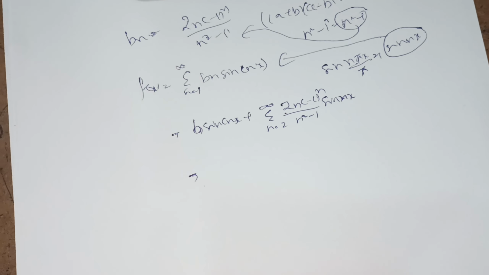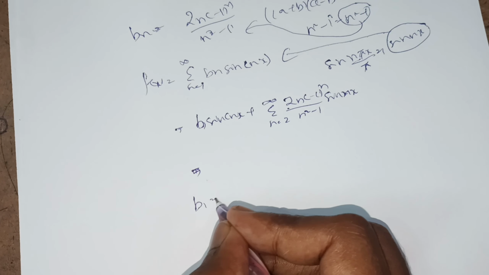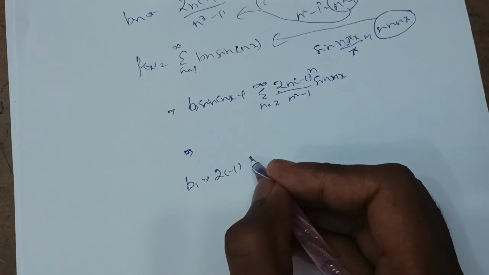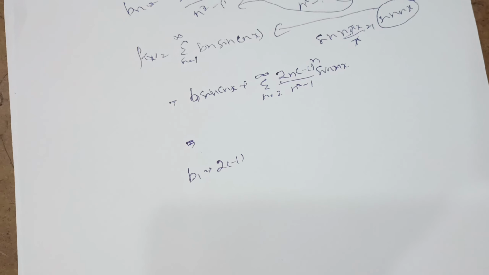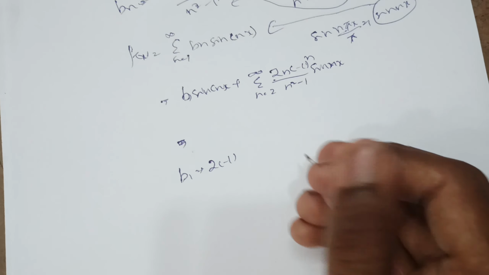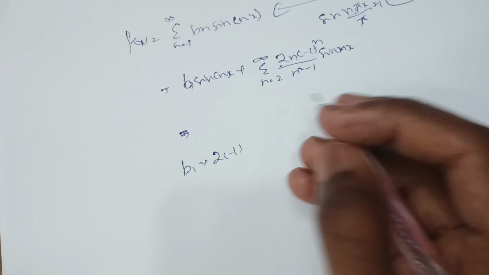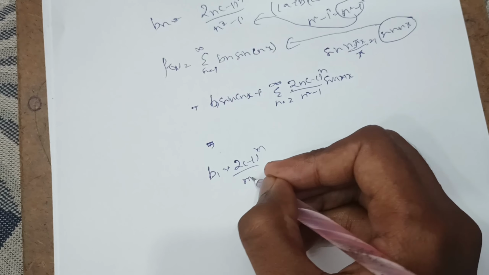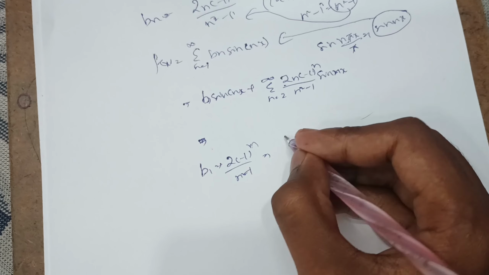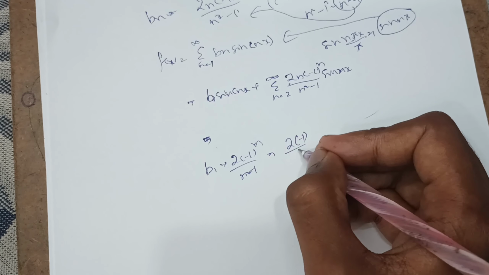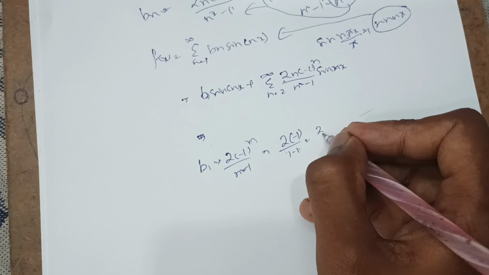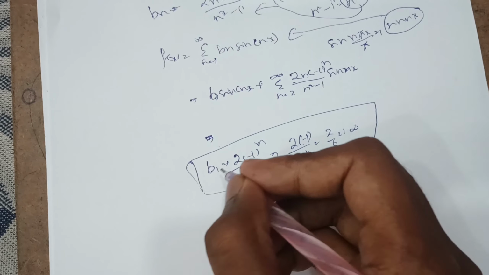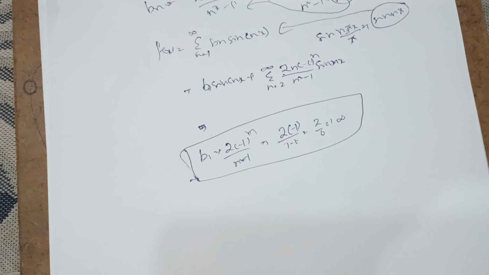If we want the value of b1, we will get 2 into minus 1 whole power n by n square minus 1. So here answer will be 2 into minus 1 by 1 minus 1 equal to 2 by 0 equal to infinity. So b1 can't be infinity here. In the Fourier series expansion, b1 can't be infinity.